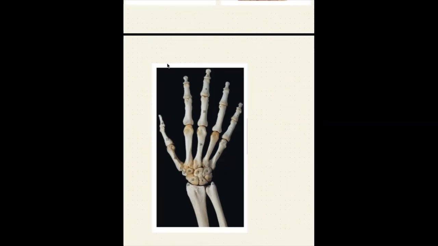Okay, what is the clinical importance of the scaphoid bone? Scaphoid is supplied by the distal and lateral branch of the radial artery, maximally in the distal portion, and the proximal portion is neglected. So in case of scaphoid fracture, there will be more chance of avascular necrosis.